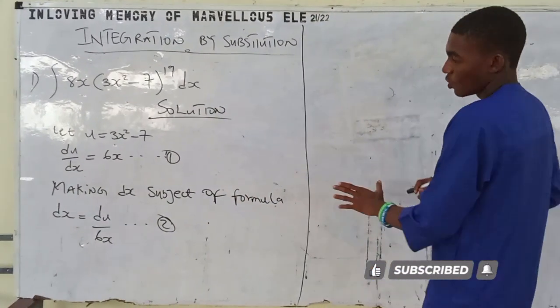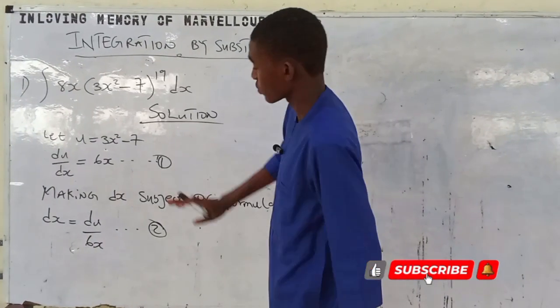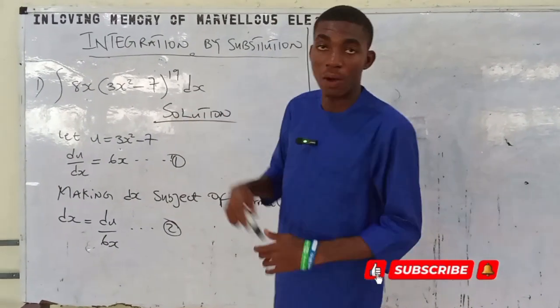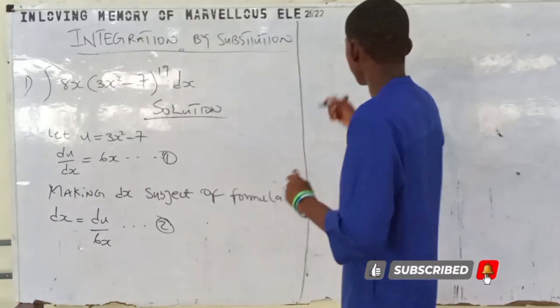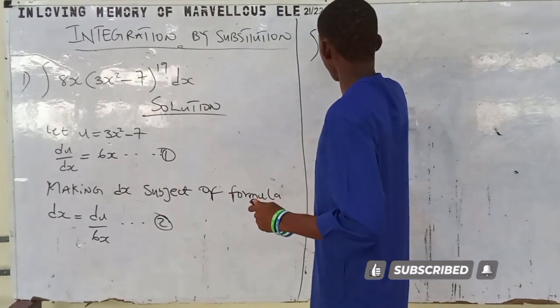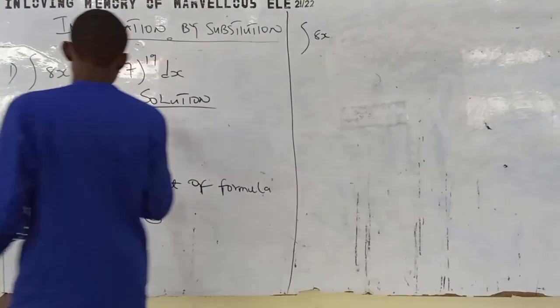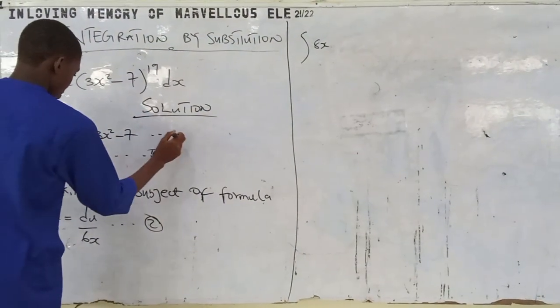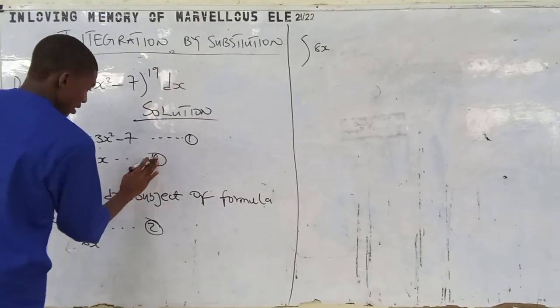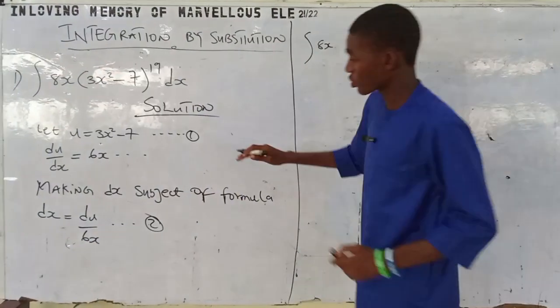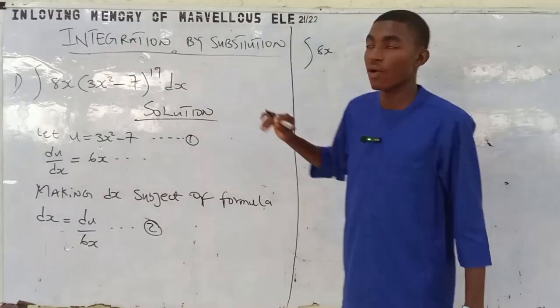Now, we have our equation 1 and we have our equation 2. Let's put equation 1 and equation 2 into our question, which is the integral of 8x. This is our equation 1 and this is our equation 2. Sorry for the mistake. Now let's put equation 1 and equation 2 into our question.